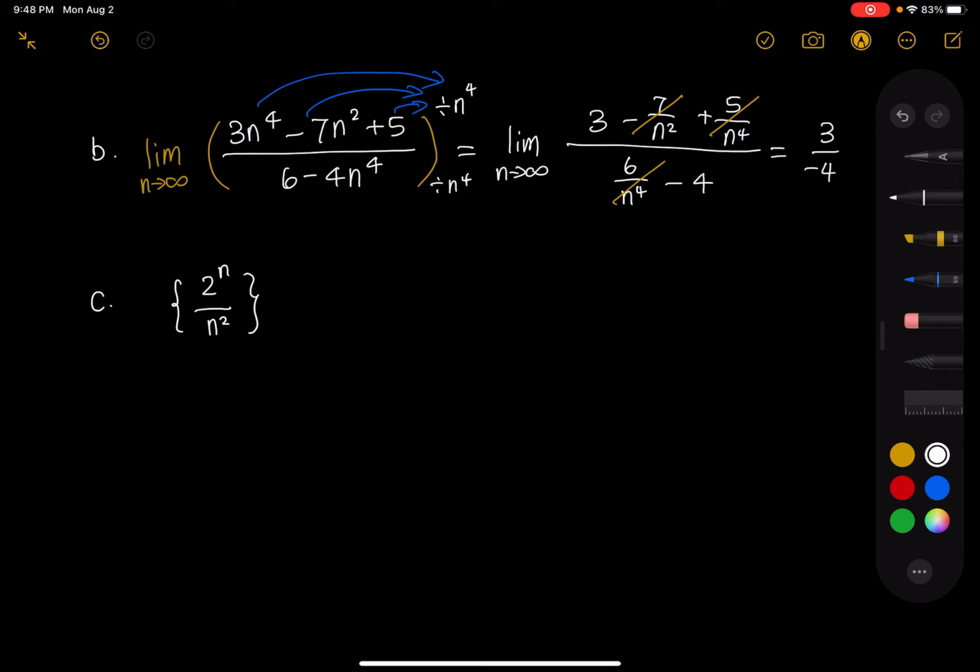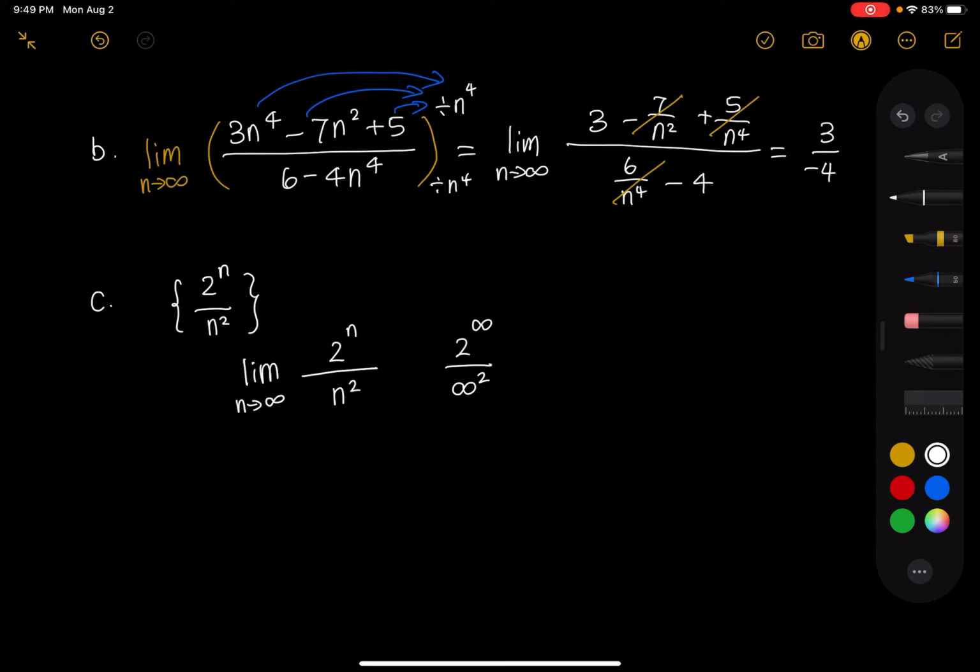So if we plug in, the limit as n goes to infinity of 2 to the nth power over n squared, we get 2 to the infinity power divided by infinity squared. It's infinity over infinity, but sometimes infinity over infinity can turn out to be a constant, 0, or infinity.